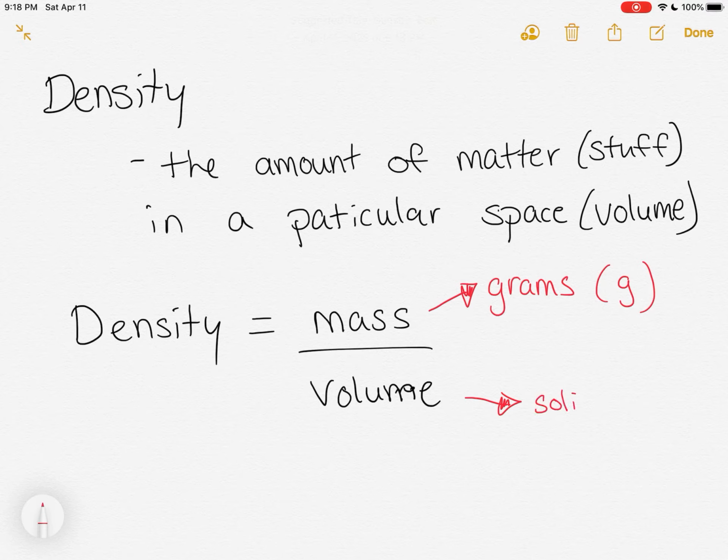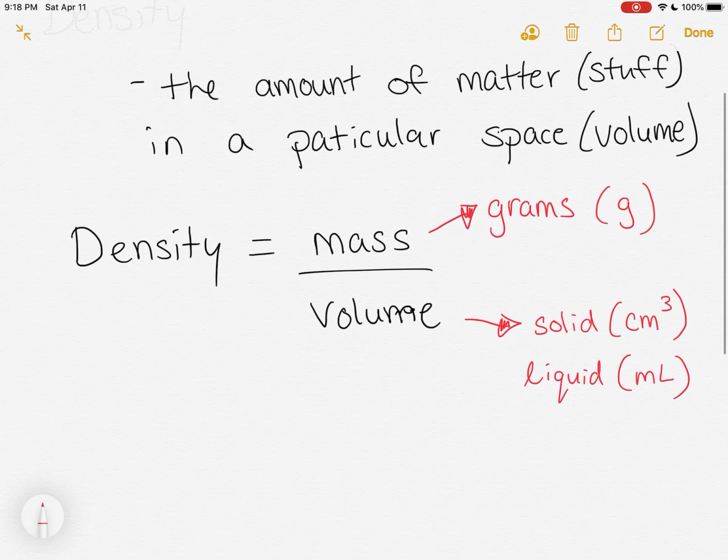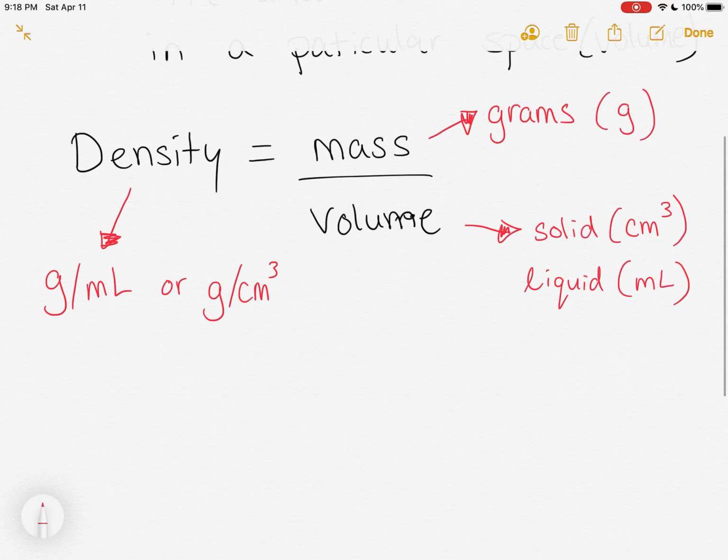If we are dealing with a solid, we measure our volume in centimeters cubed. If we are dealing with a liquid, we measure the volume in milliliters. That means density can have a couple of different units: grams per milliliter or grams per centimeter cubed, depending on whether we're dealing with the density of a solid or a liquid.